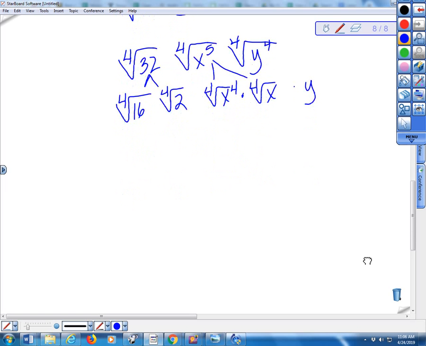So now evaluating the 4th root of 16, I have 2. 4th root of x to the 4th is x, and y. And then I have the 4th root of 2x left. So that's my answer. All right, questions on that one?